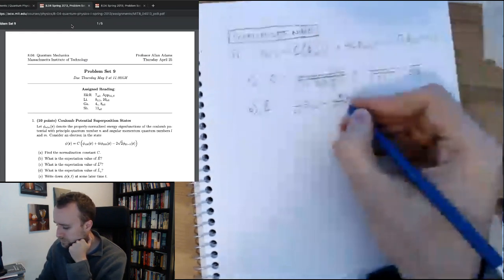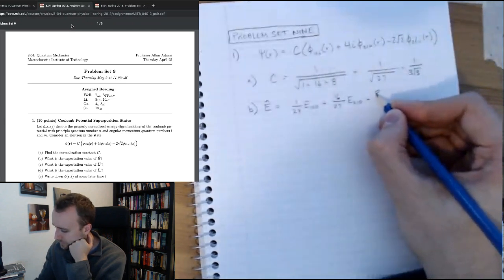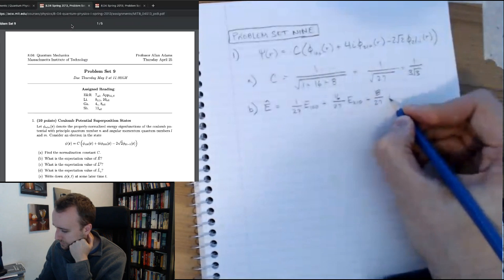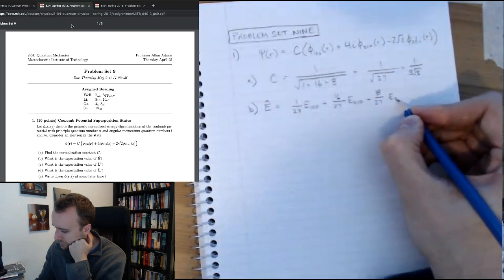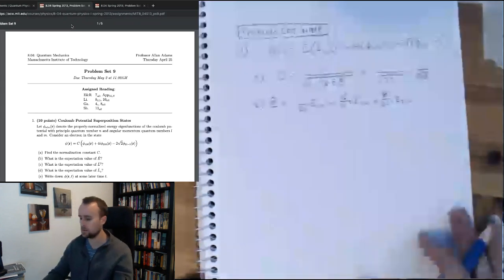It's 16. What am I doing? This is 8. 8 over 27 E2 negative 1. Now what are those?